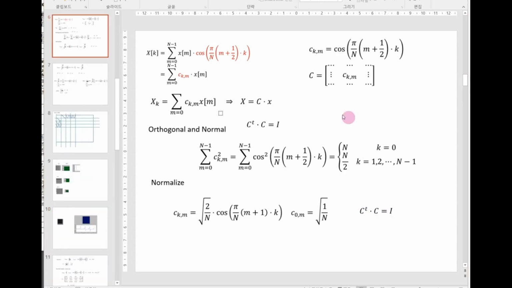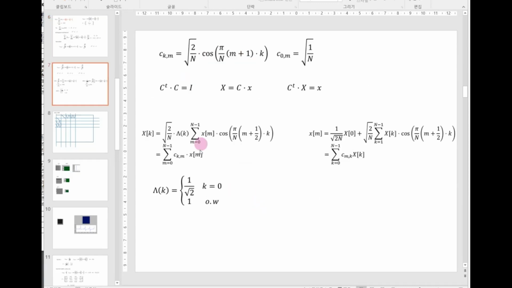And we can express the DCT and the inverse DCT in this way. We define the cosine transform matrix C and normalize it so that C transpose times C becomes the identity matrix. So this part becomes the DCT, and C transpose X is the inverse DCT.